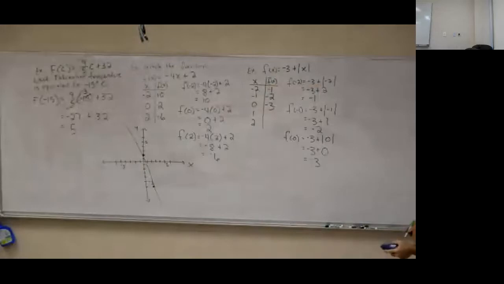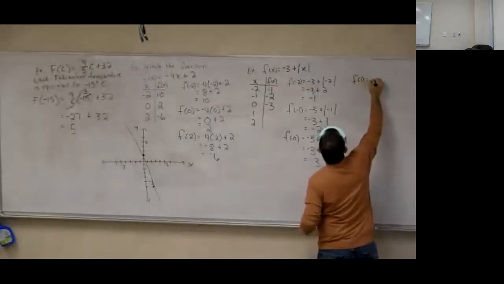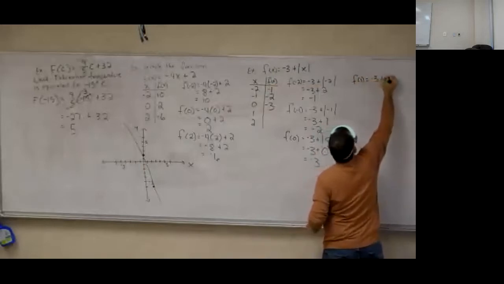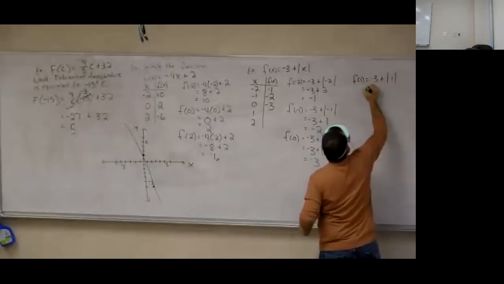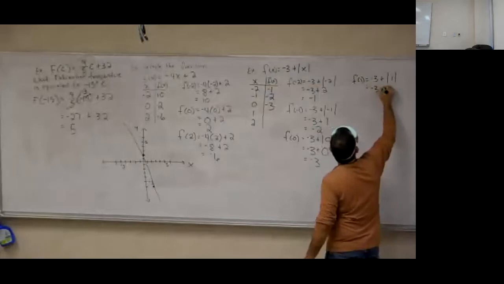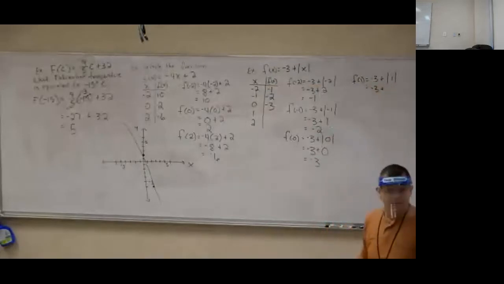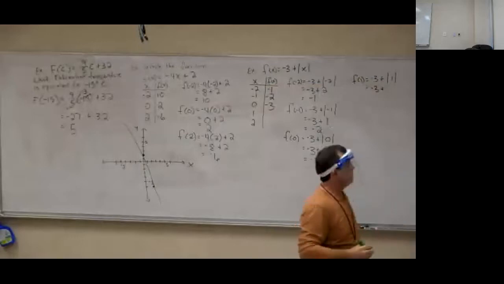Oh, what's next? F of 1 is going to equal -3 plus absolute value 1. So what is the absolute value of 1? It's still a 1, right?